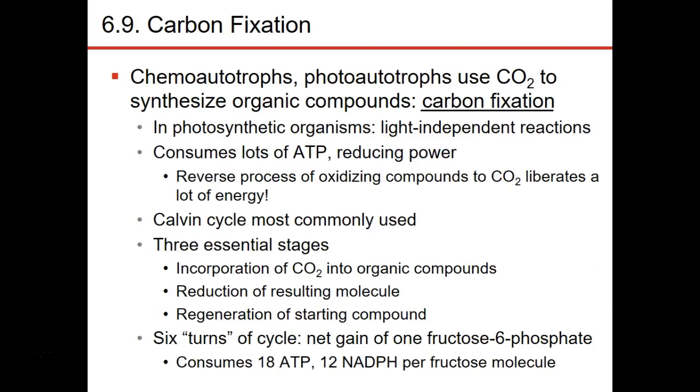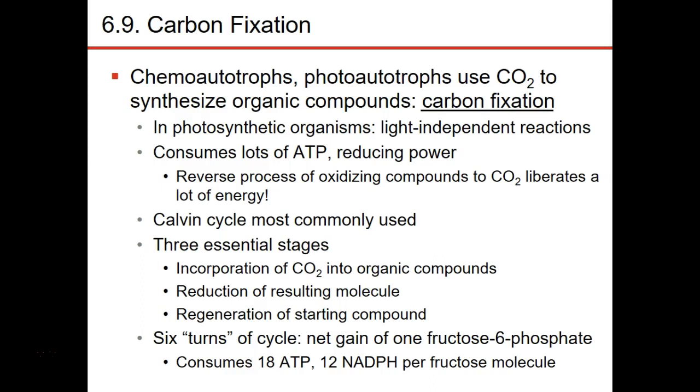So now we're going to move into the carbon fixation step, or the light-independent reactions. All of the materials that were produced in the light-dependent reactions are going to then be used in the light-independent reactions to produce your carbohydrate. Typically, the mechanism we use is called the Calvin cycle.